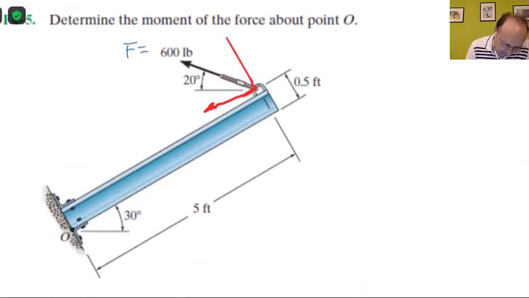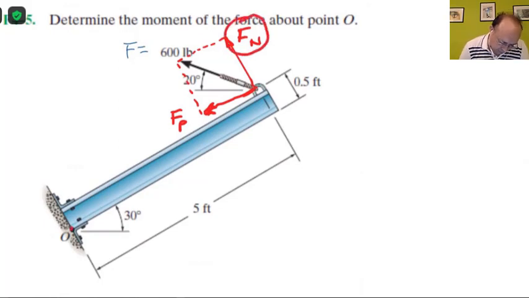That's another way we can do the decomposition here. So we have this component and we have this component. Let's call this component F normal to the bar and this one F parallel to the bar. I think it's a little easier because the distance from Fn to the point O is given right here.